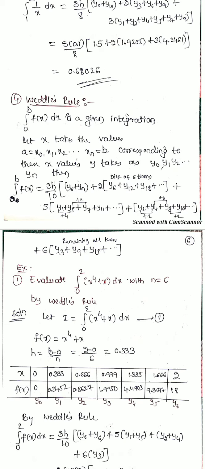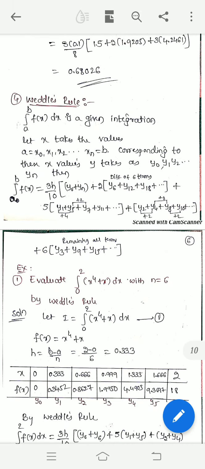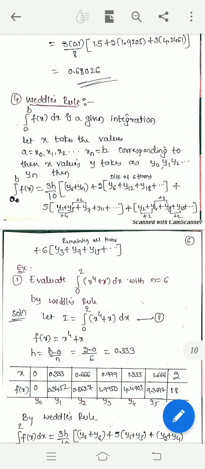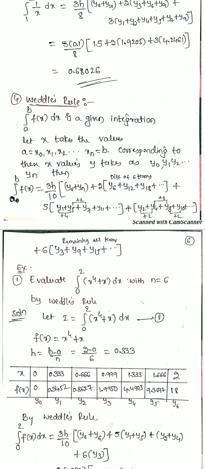Difference of 6 terms means y6 plus y12 plus y18, plus y24, and so on.